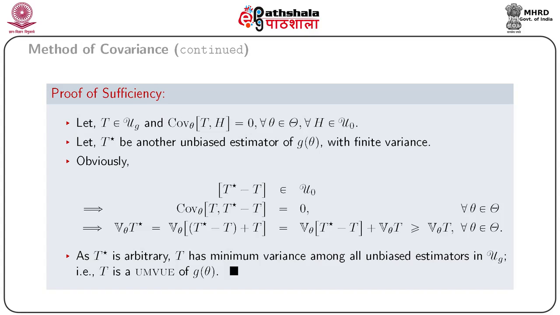Since the variance of T* − T is greater than or equal to 0, it follows that the variance of T* is greater than or equal to the variance of T for all θ. Since T* is arbitrary, T has the minimum variance among all unbiased estimators of g(θ), that is, T is a UMVUE of g(θ).